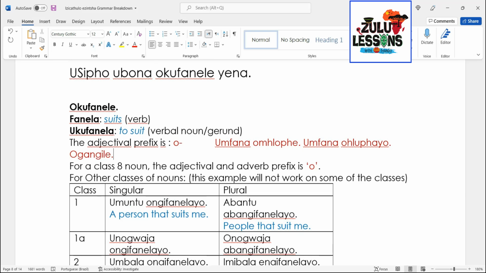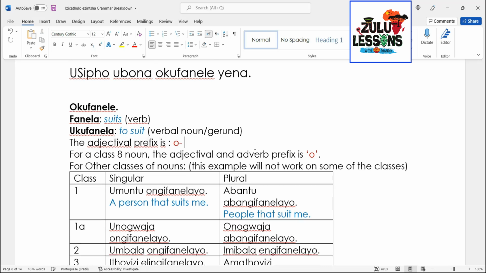You see, I started with the prefix o. And ogangile, see, we are starting with o to say a naughty one. So let's continue on this. Now we say for a class 3 noun, the adjectival prefix and adverbial prefix is o.